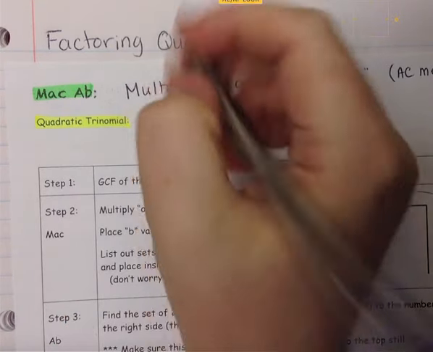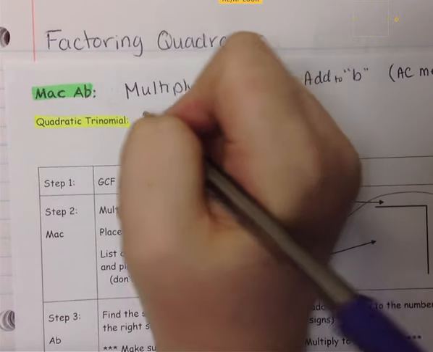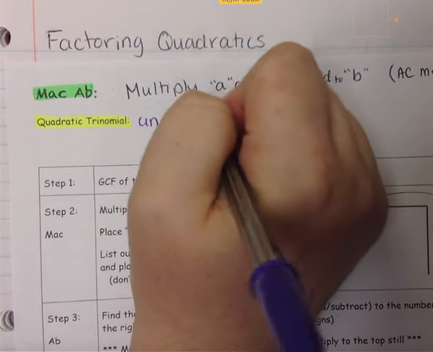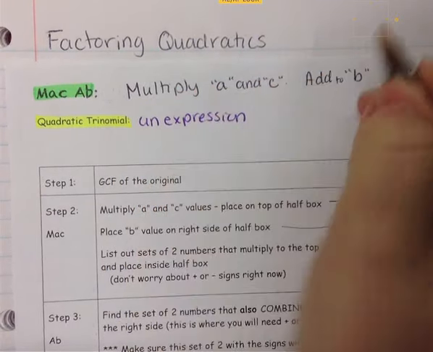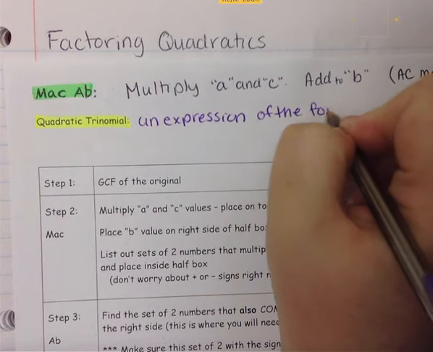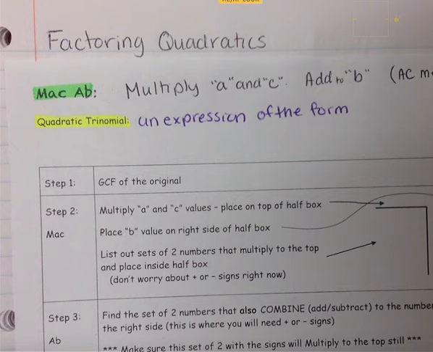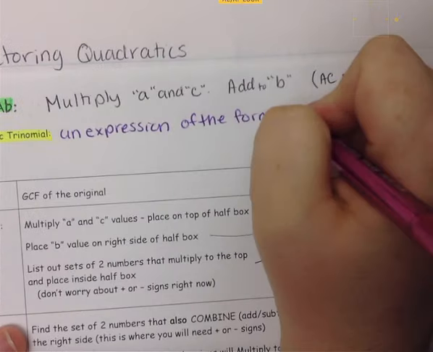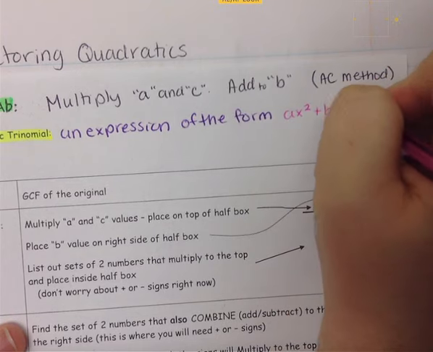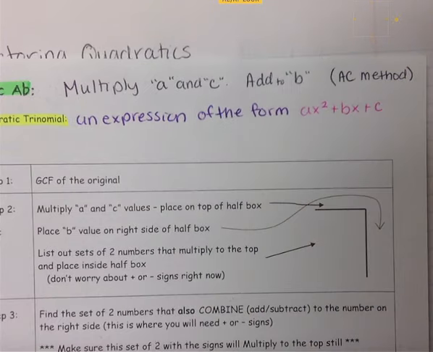So the definition of a quadratic trinomial is an expression of the form ax squared plus bx plus c.